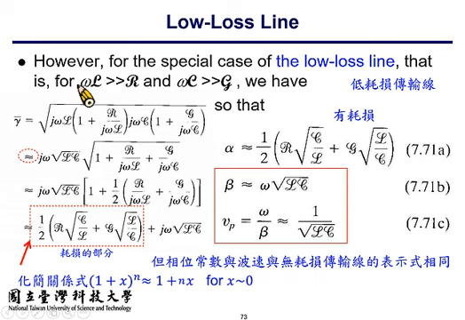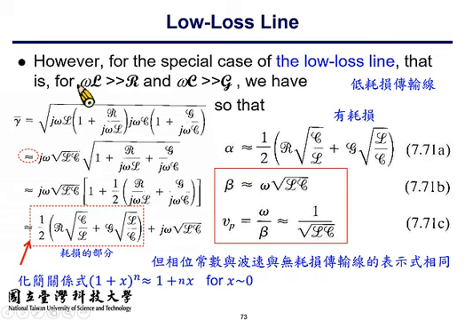So the loss on the transmission line should be minimized. The smaller the loss, the better the transmission line, right? So the assumption here, that is, low loss transmission line is usually the case. Based on the assumption that the loss is small on the transmission line, what happens?